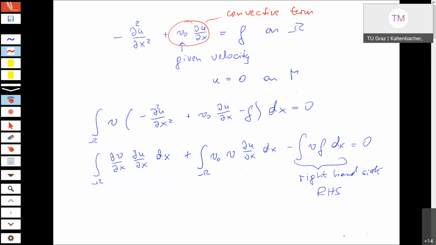Are there any questions concerning this part here? So you see, that was now a different differential equation, but the steps to come up to the weak formulation are again the same. You multiply with the test function, and everywhere where you have second order spatial derivatives, you apply an integration by parts. You could also apply integration by parts to this term. Why not?